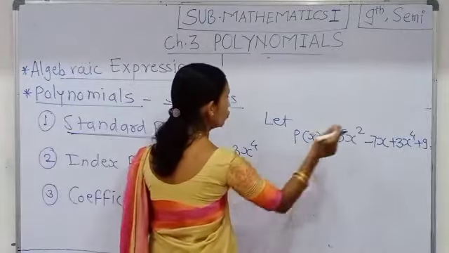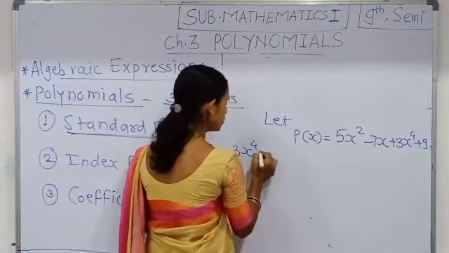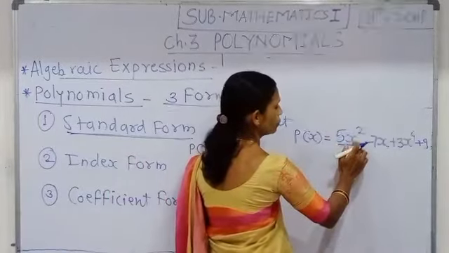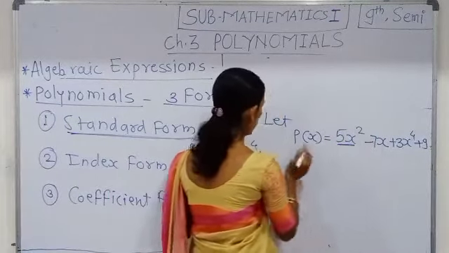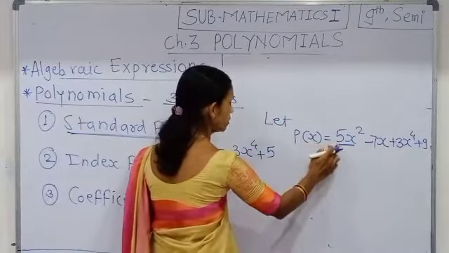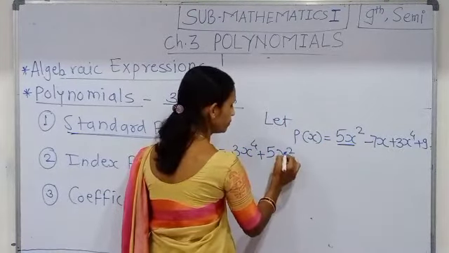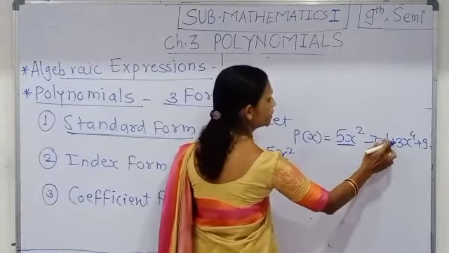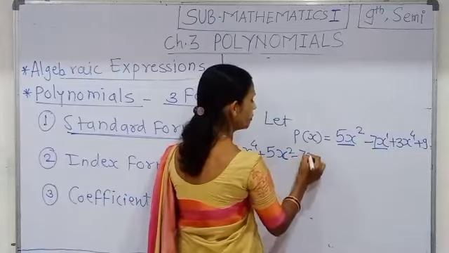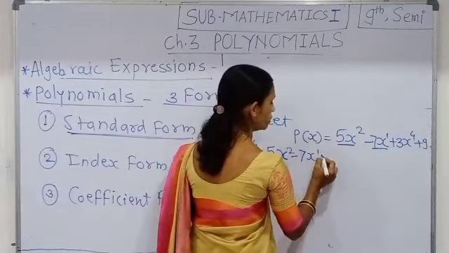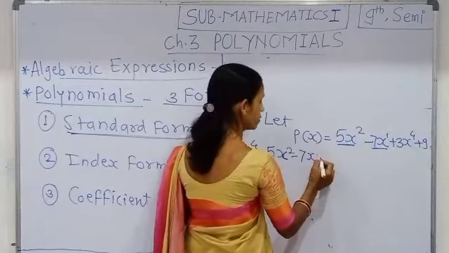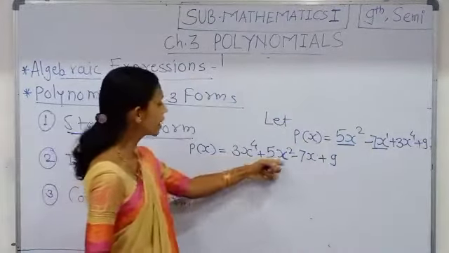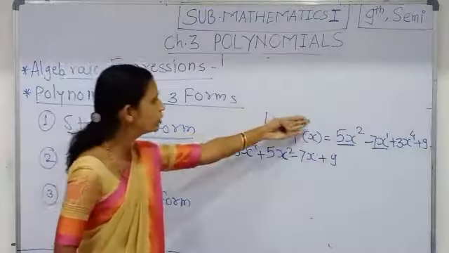Then we have to write the term in which the degree of the variable is 2. Therefore plus 5x square. Then one more term, minus 7x, of which the degree is 1. Therefore we write minus 7x raised to 1, plus 9. At last we have to write the constant term. That is the standard form of the given polynomial.